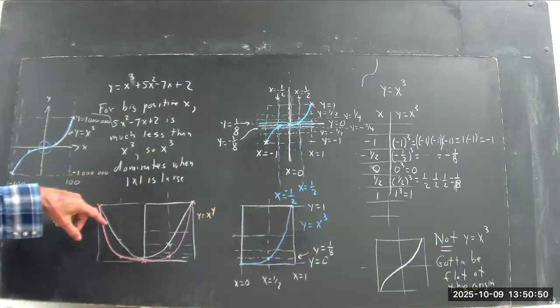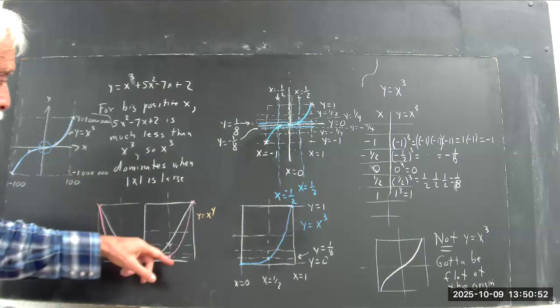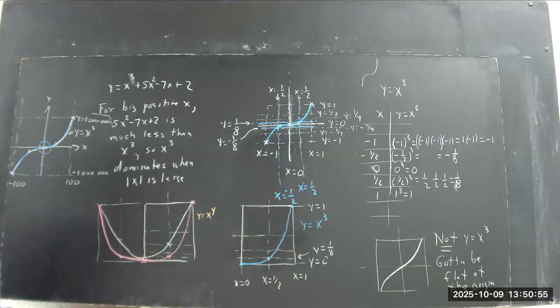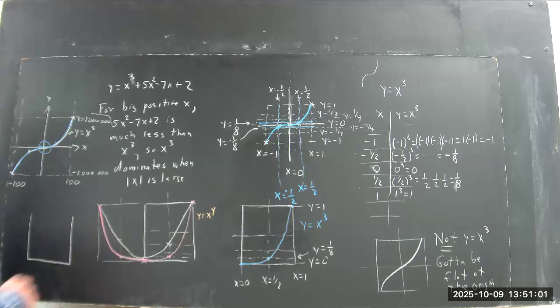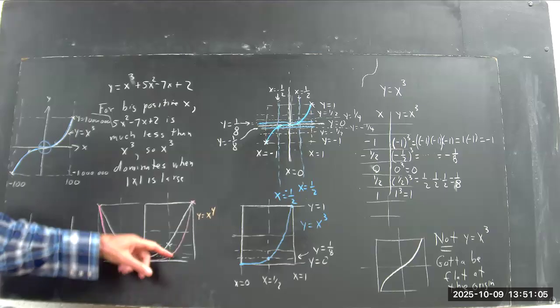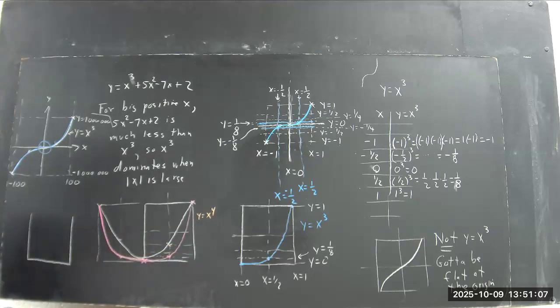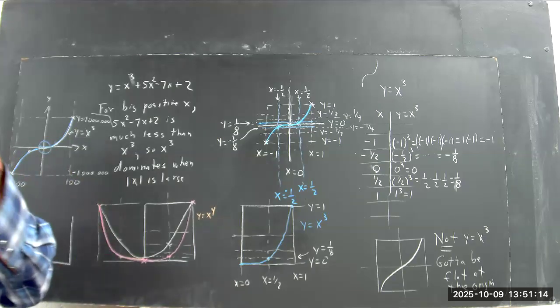It's not very well drawn, but you see how the fourth power gets a lot flatter. Sixth power would be even flatter than that. And eventually they almost look like this. You know, they keep flattening out. They keep approaching this corner. You go up to x to the 100th power and it looks almost rectangular.